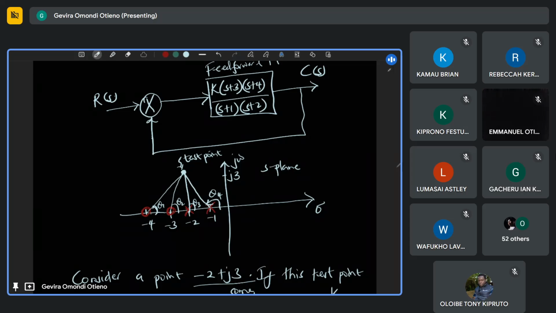But if these angles don't add up to 180 degrees, then it means that this test point does not lie in the root locus. So if you subtend all the poles and zeros of the feed-forward transfer function to your test point and sum up all the angles they make with the real axis, then you should get 180 degrees.